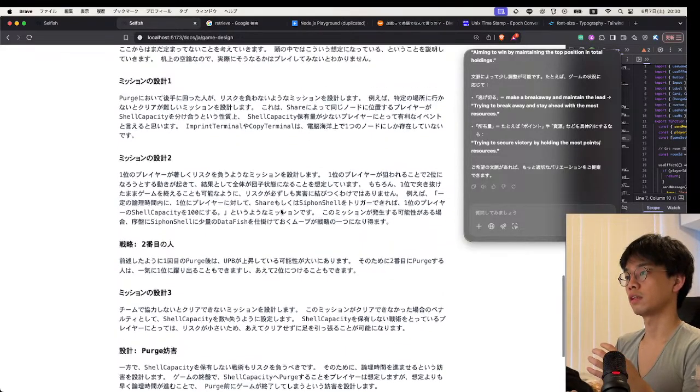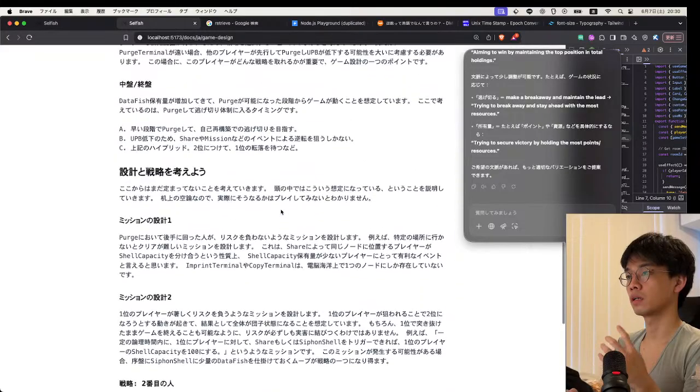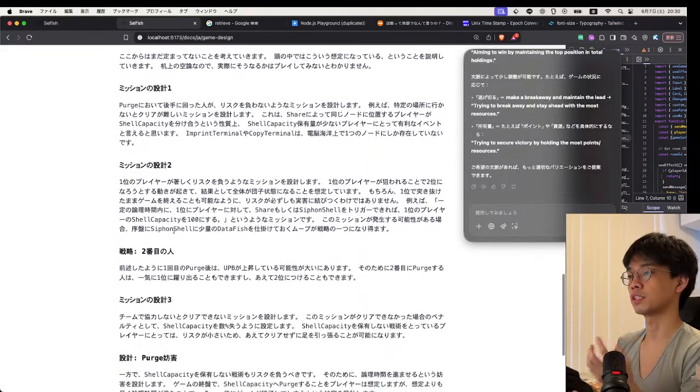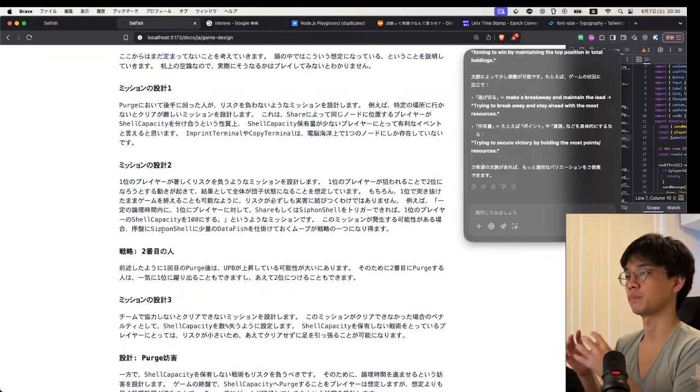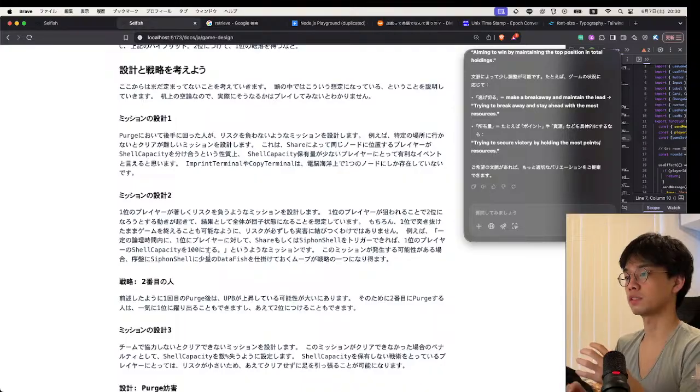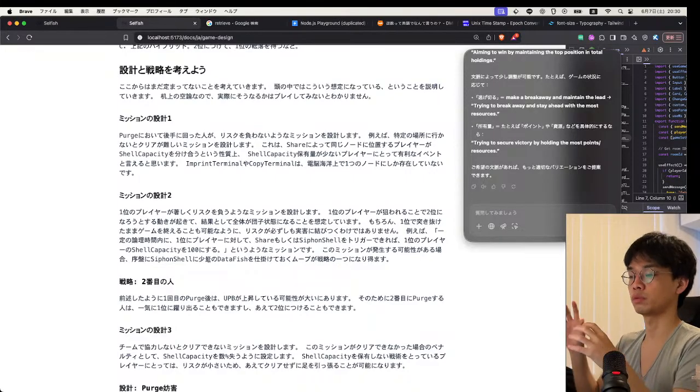The pattern B player has a strategy to set up the siphon share trap at the beginning of the game, because if this mission happens, there are so many traps that work against the top player.